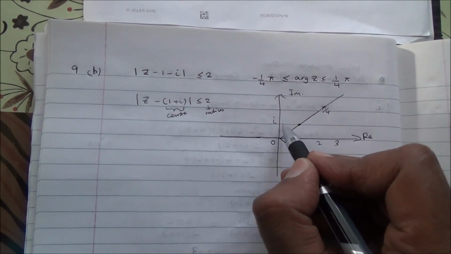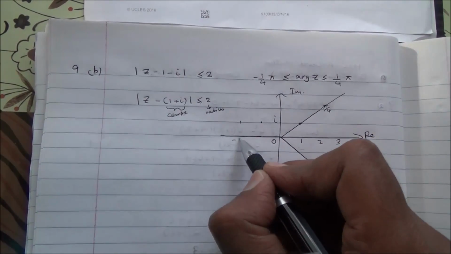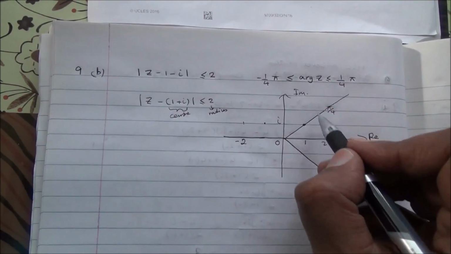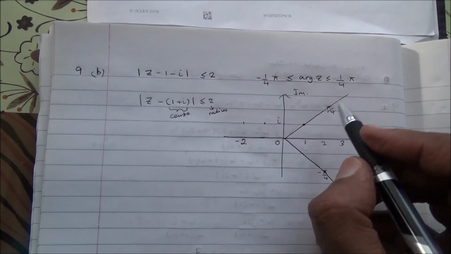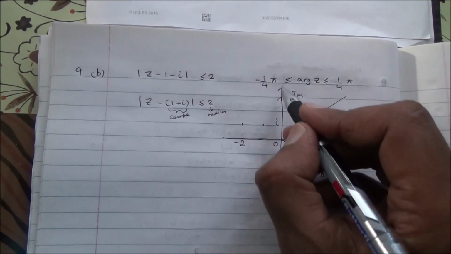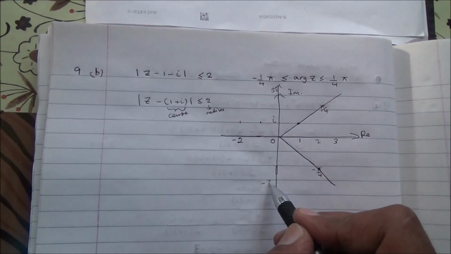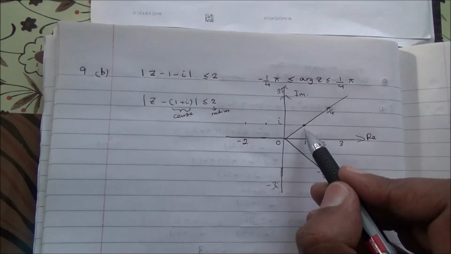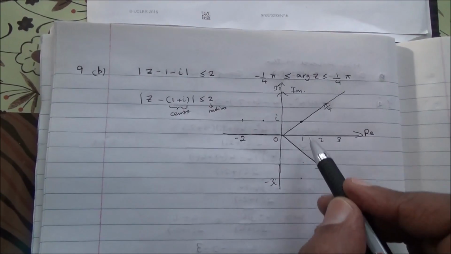And over here, 1, 2, 3. So this is minus 2, and this is going to be 1, 2, 3. So on top there. My drawing is very bad. Let us say 3i somewhere here, and minus 3i.